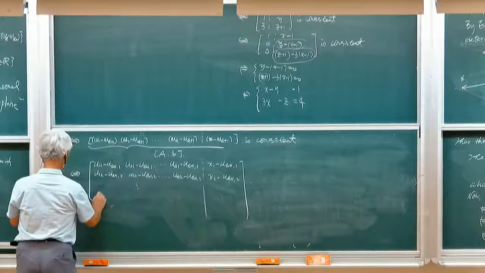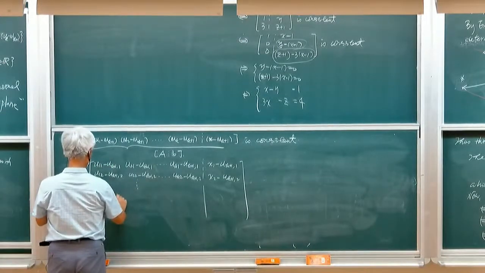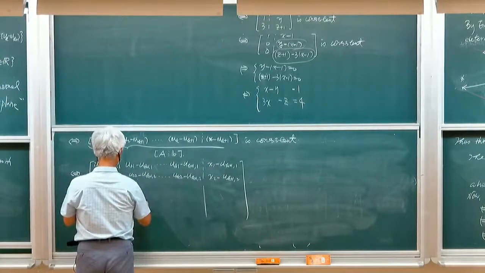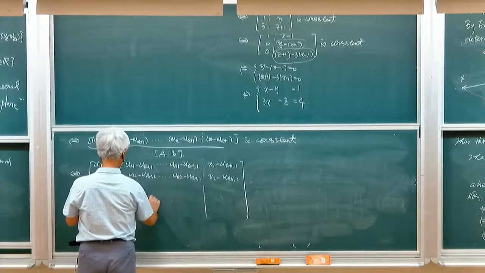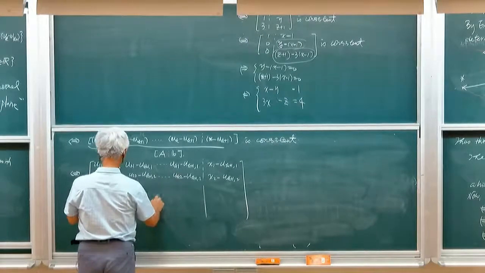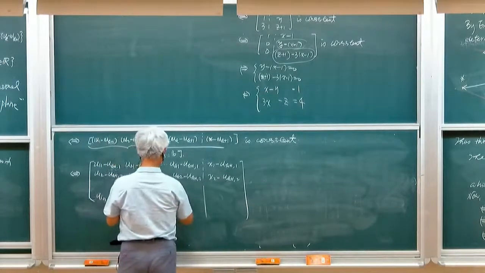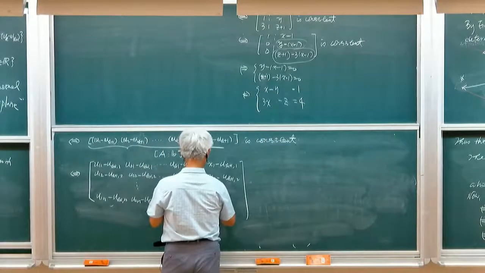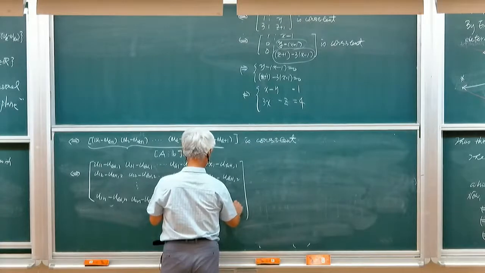And the last row is u1n minus u(k+1),n, u2n minus u(k+1),n, ukn minus u(k+1),n, and xn minus u(k+1),n.